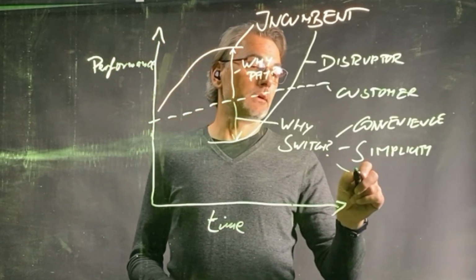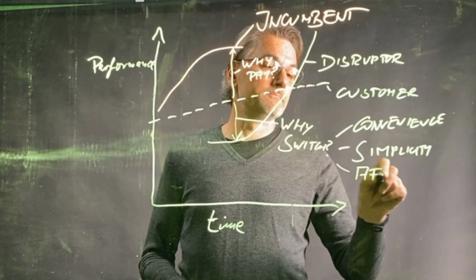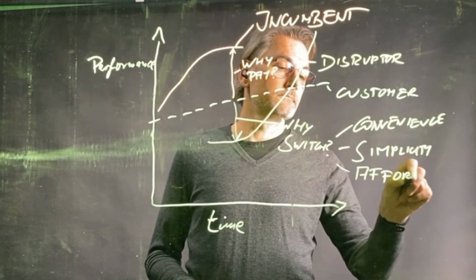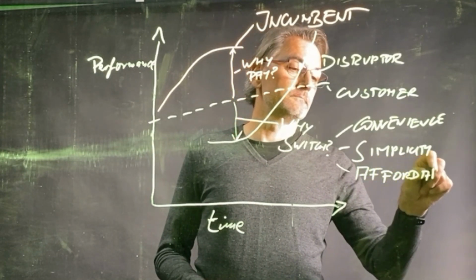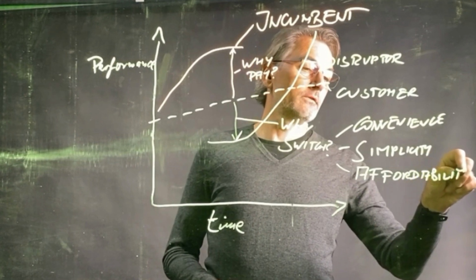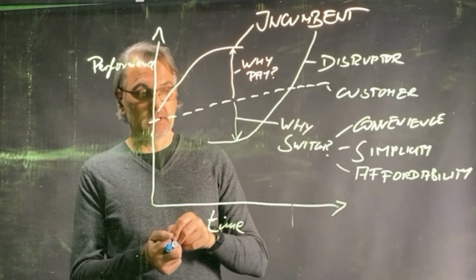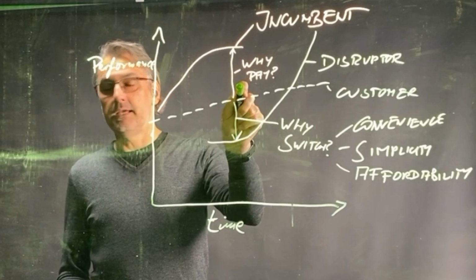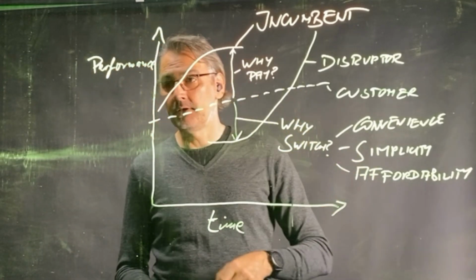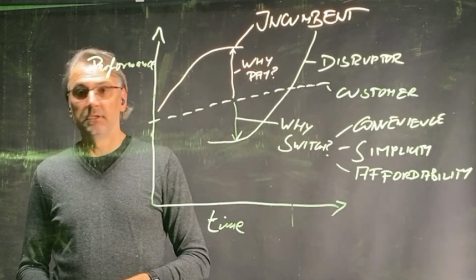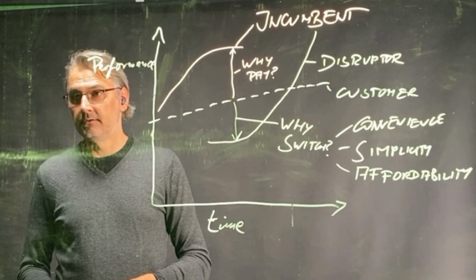And then the third one they offer is better affordability. So if the disruptor, the owner of the emerging technology, communicates this gap and works with this gap, they can be very well successful in disrupting the incumbent.